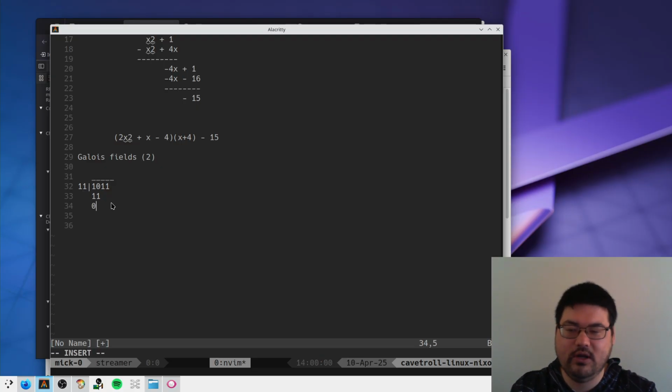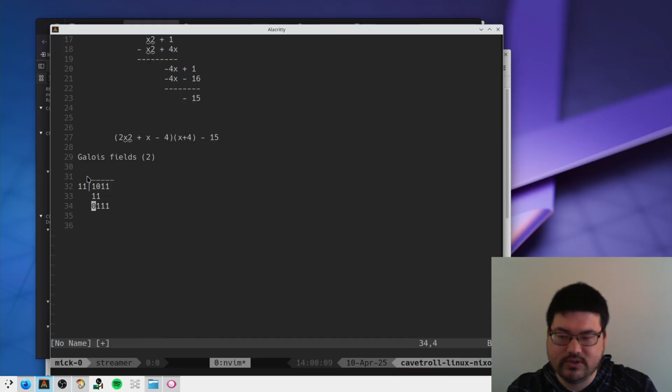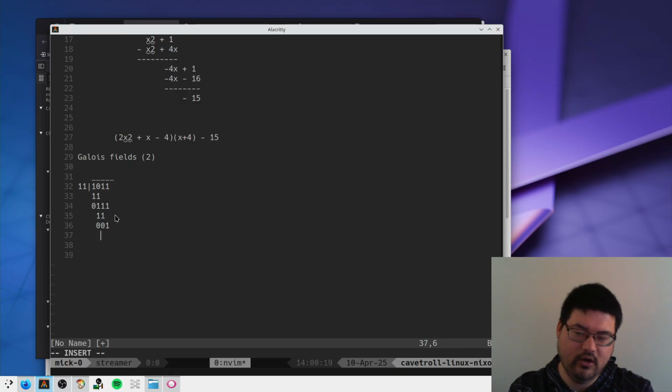And we say, okay, so now we have 0x cubed and 1x squared plus x plus 1, right? And then we do the same thing. We multiply this x plus 1 times x to get 1 here. We do the subtraction, 0, 0, 1, and we end up with remainder 1, just like we did before.